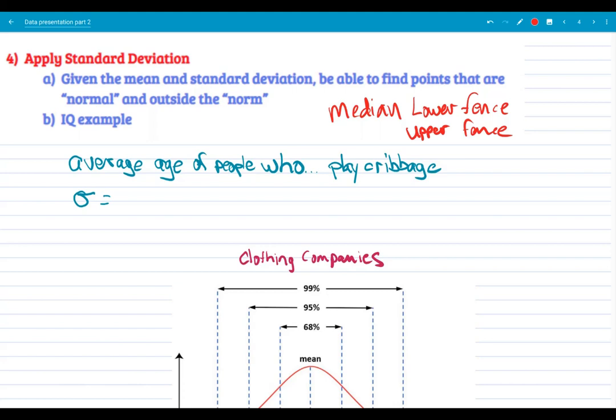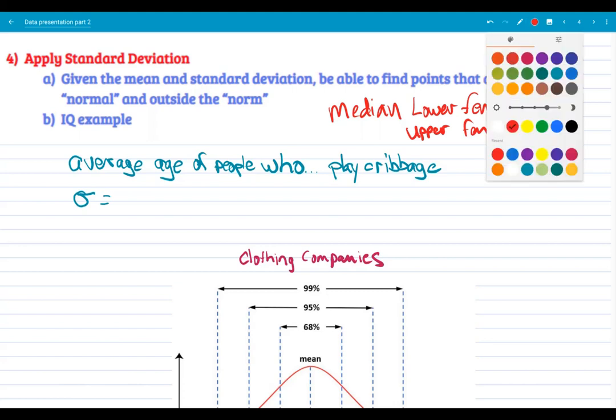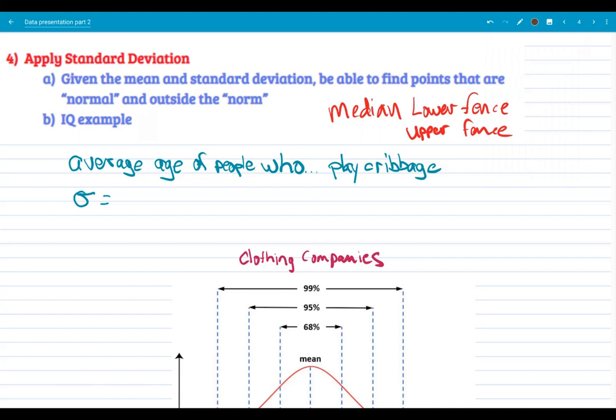For example, let's say the average age of people who play cribbage or whatever it is is 48 years old. The standard deviation on this is going to be, I don't know, let's make it up, 3 years. That means 48 plus or minus 3 is 1 standard deviation.